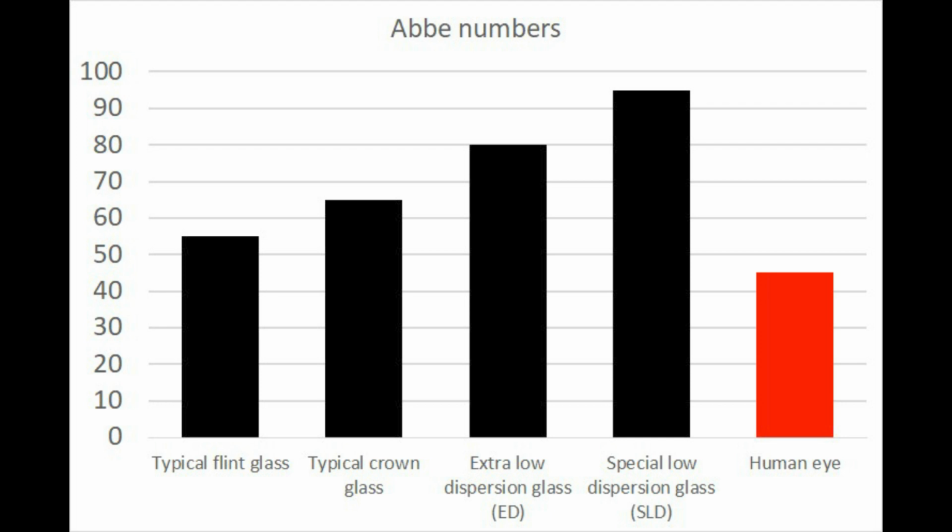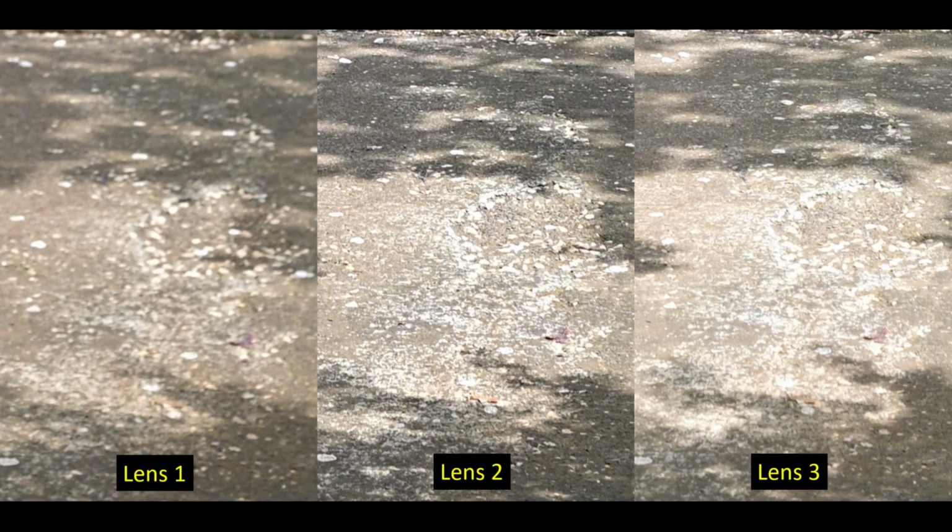As described before, the Abbe number or dispersion is tightly linked to the refractive index. And a low refractive index causes an abrupt transition from darkness to lightness, much more abrupt than our vision.